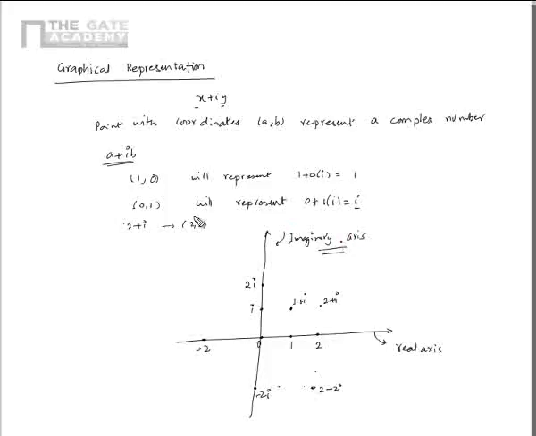So the points which lie on the imaginary axis will have only the imaginary part. That's why all these points together which lie on this axis will have only the imaginary part, and that's why it's called the imaginary axis. So this is just a simple representation of a complex number. And such a representation of complex numbers by taking points in a plane is called the Argand plane, or Argand diagram.